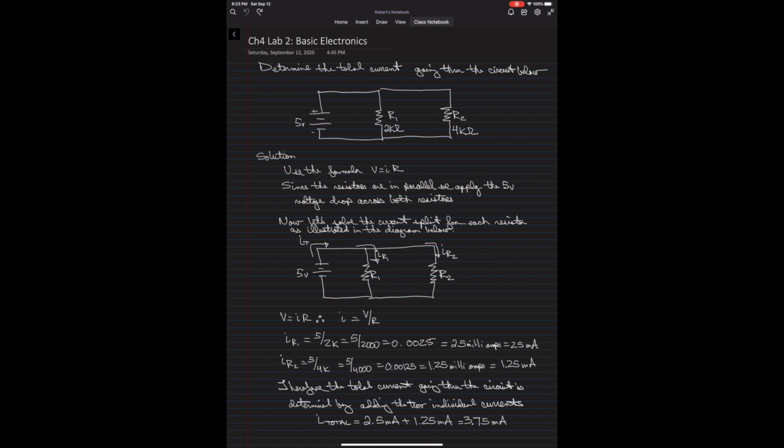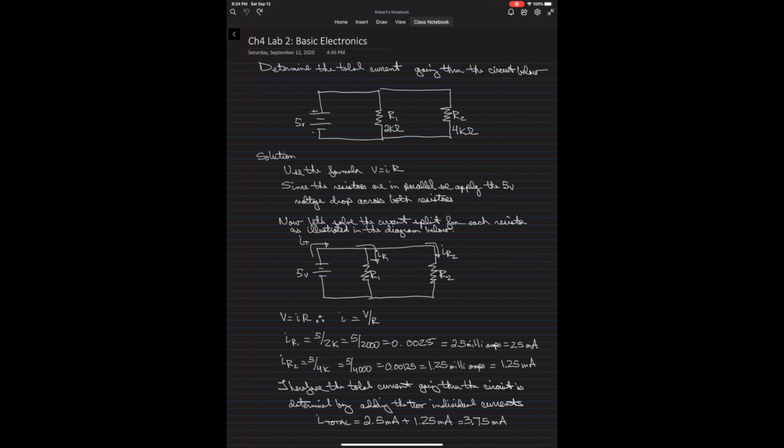So in other words, if I had a voltage meter, and if I put the voltage meter right here, and if I put the voltage meter right over here, I would get 5 volts. If I slide it over, it's still going to be 5 volts across this resistor. If I take that voltage meter and slide it over here, it's going to read 5 volts across this other resistor.